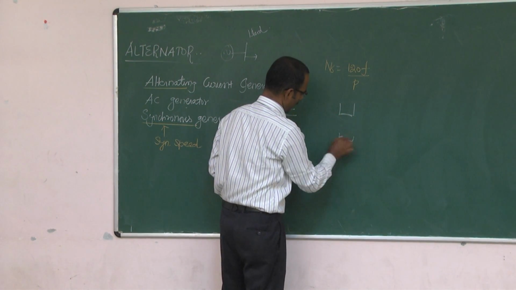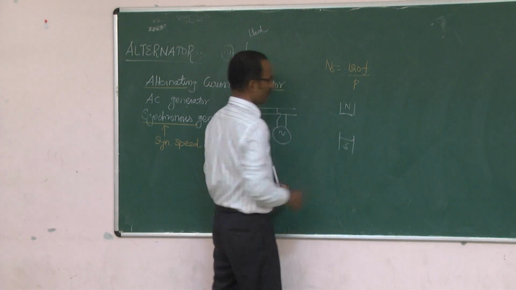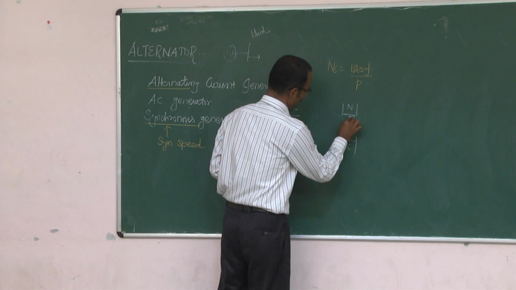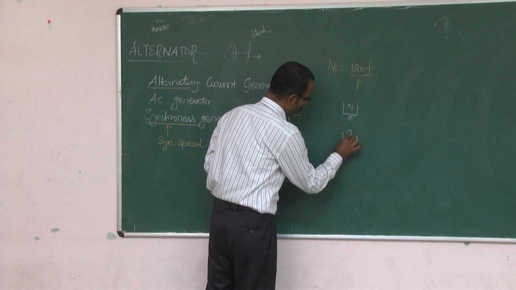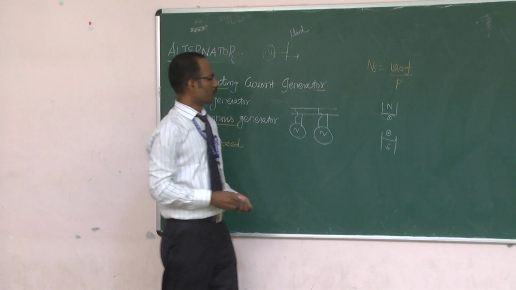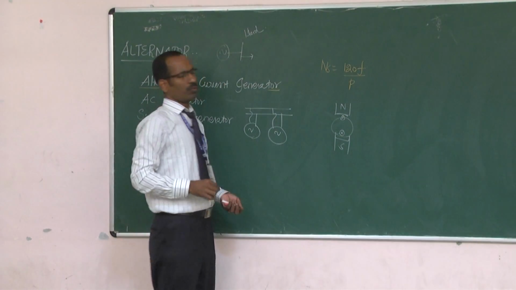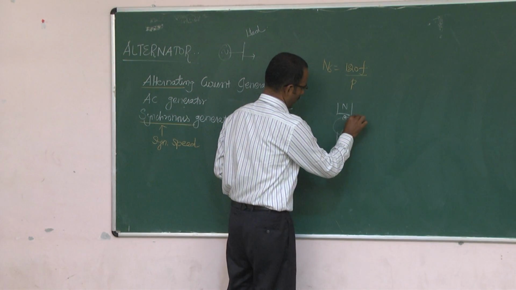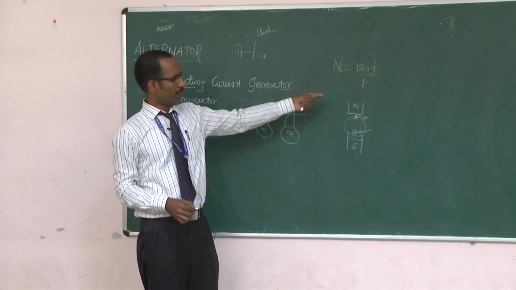If you place a conductor within a magnetic field, when the conductor comes across the north pole, the current direction is assumed as dot. If the same conductor comes under the south pole, the current direction is marked as cross. Whenever the conductor completes one revolution, when it comes under the north pole, the current direction is dot; when it comes under the south pole, it is opposite to the previous one.